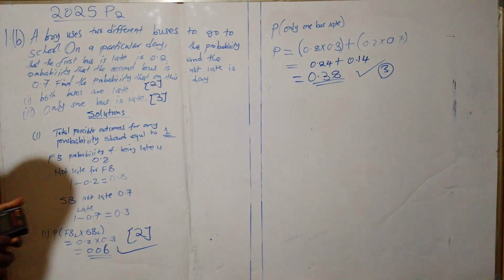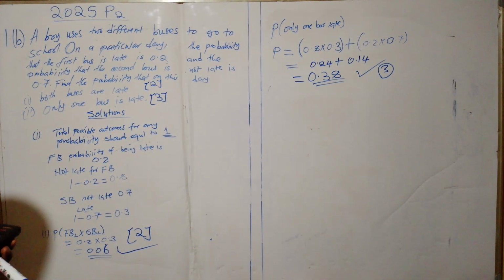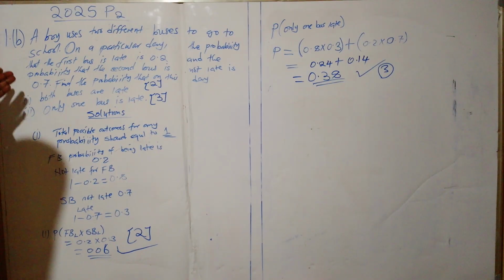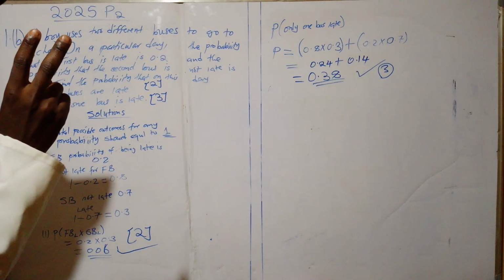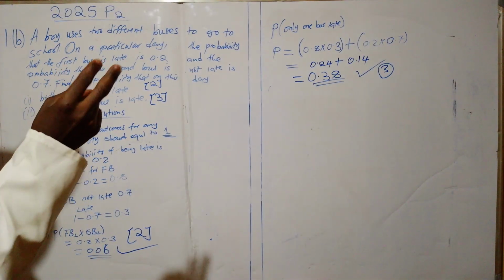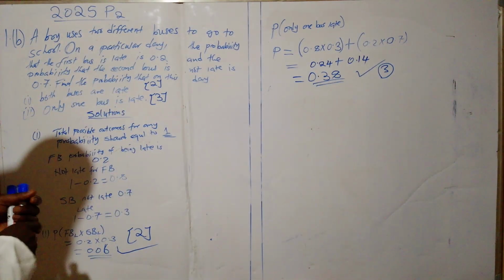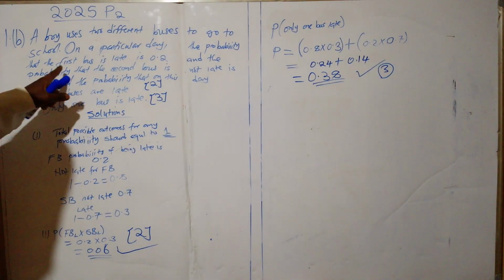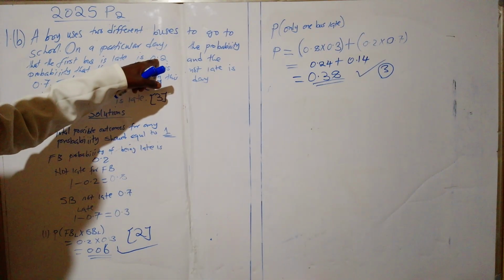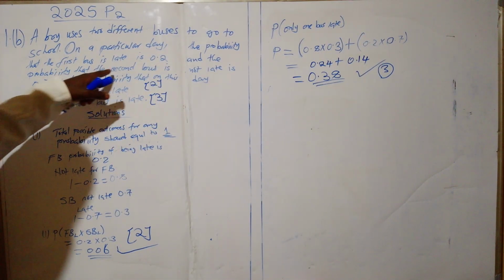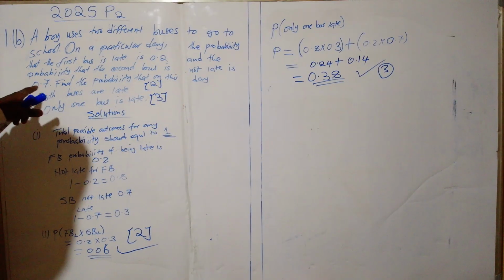So this is how you solve questions for probability. Let me explain again so that I summarize. We have 2 buses here. This boy uses 2 buses. The probability that the first bus is late is 0.2, and the probability that the second bus is not late is 0.7.